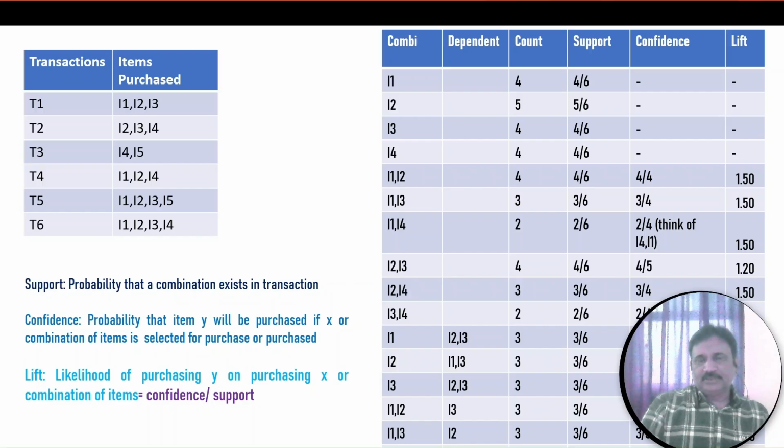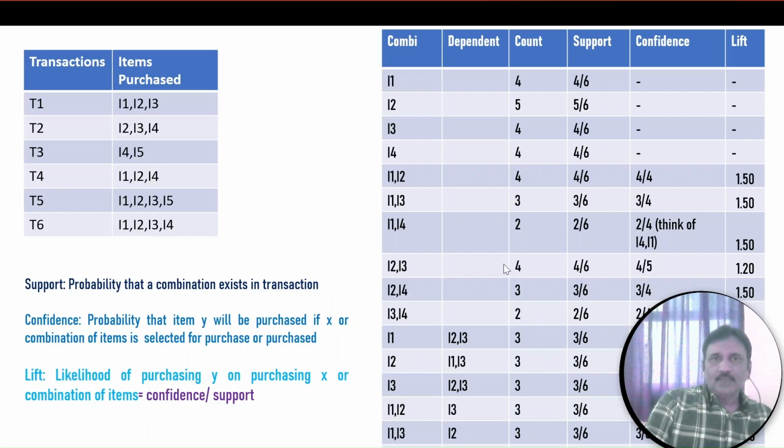That means the confidence for I2, I3 is not always equal to that for I3, I2. The confidence can be different where the sequence is different.